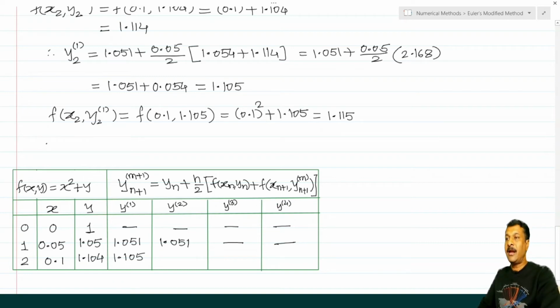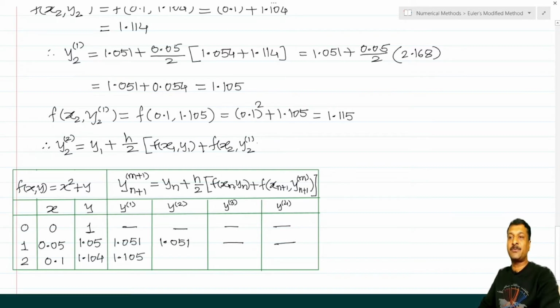And therefore the y2 with improvement, means second position, is equal to last value y1 plus h by 2 in bracket f of x1 y1 and f of x2 y2, but with the new y2, that is nothing but the y2 at first position.